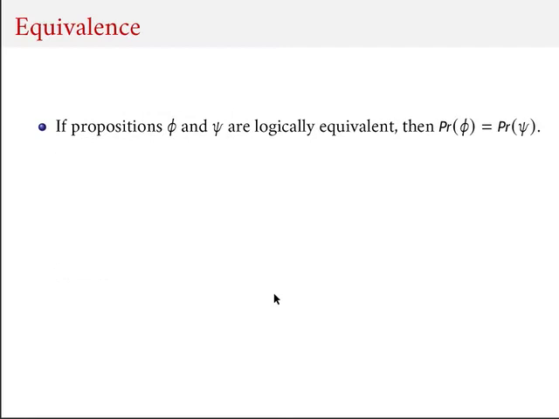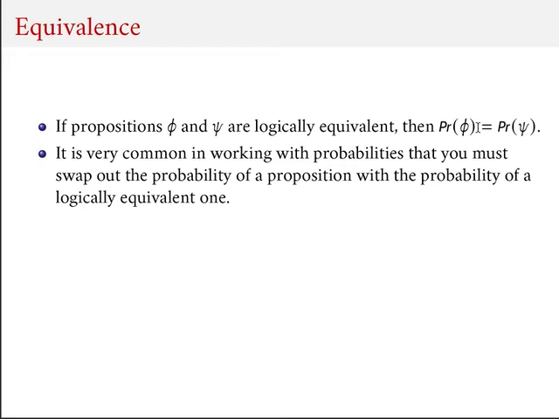Now, the final rule which I'll give to you here is that if propositions phi and psi are logically equivalent, then they have the same probability. This is a very important rule because it's very common in working with probabilities that you must swap out the probability of a proposition with the probability of a logically equivalent one.